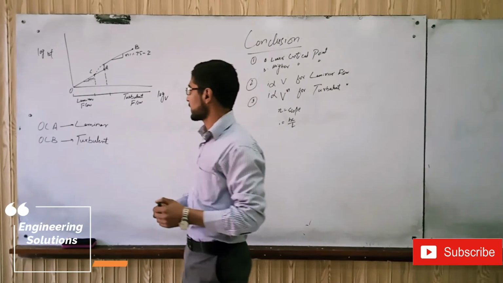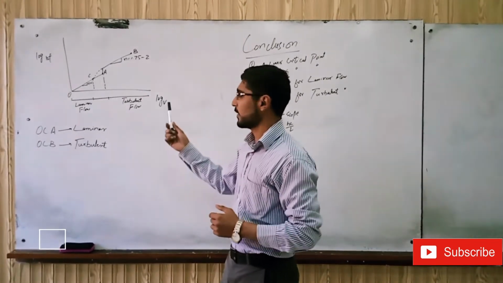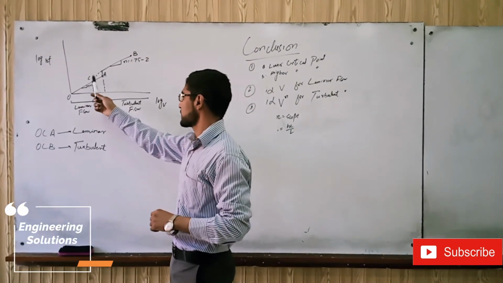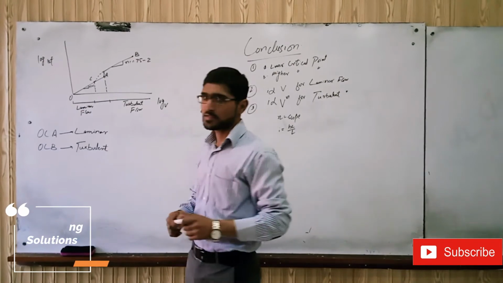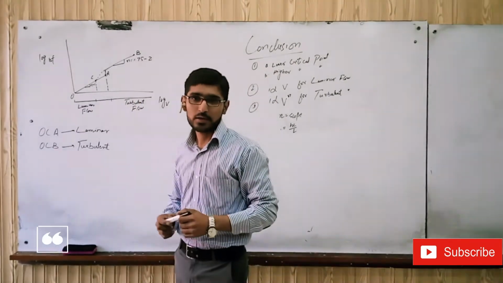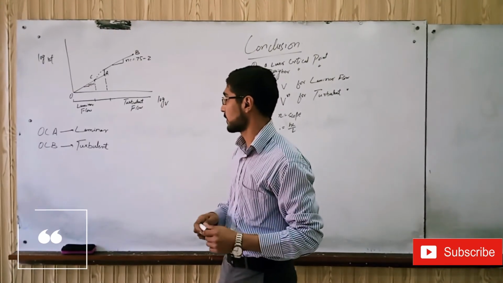We can see in the graph that there is a point below which the flow will always remain laminar, and that point is C. The Reynolds number at this point is called the lower critical Reynolds number, below which the flow is always laminar.